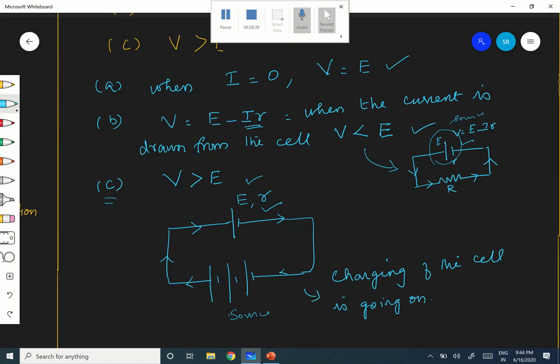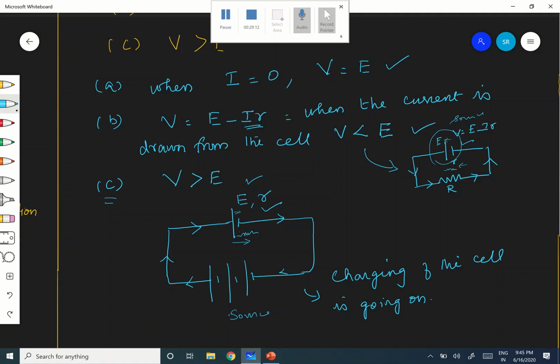So when the charging is going on, the current through the internal resistor will be in the opposite direction. Inside the cell, the current is from positive to negative in case C, but in case B it is from negative to positive.